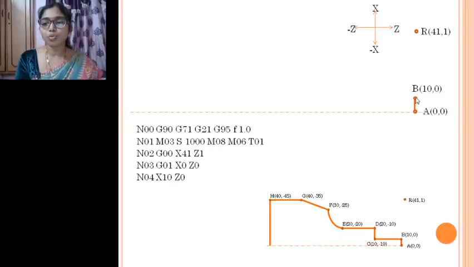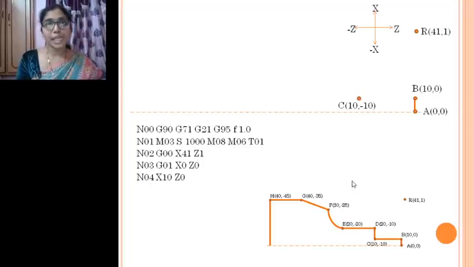It only has to move in a linear fashion. From A point it moves to the B point, X10 and Z0, it has to go to this point. Then from there it has to move to C point. How does it have to move? It has to move in a linear path.